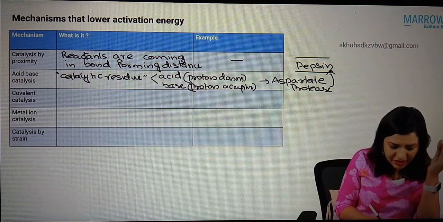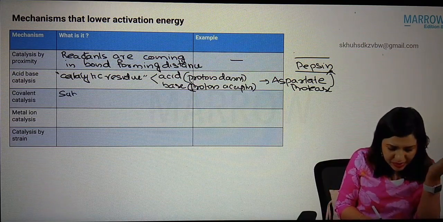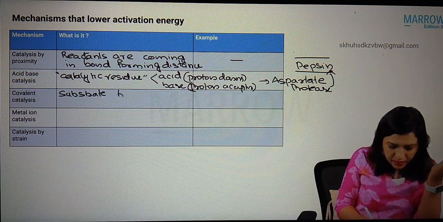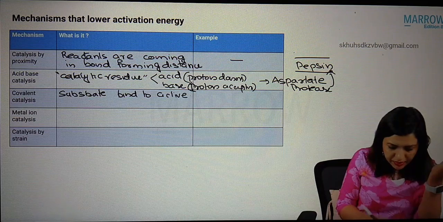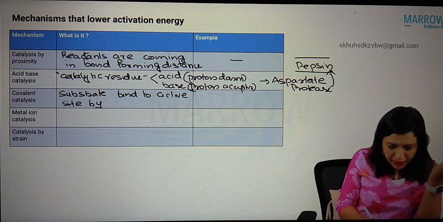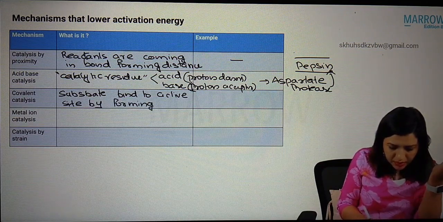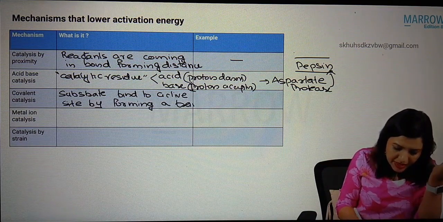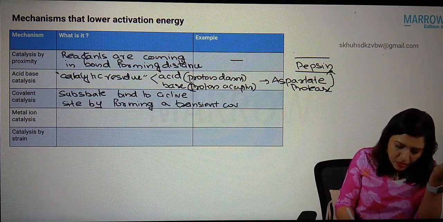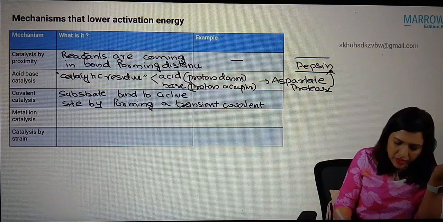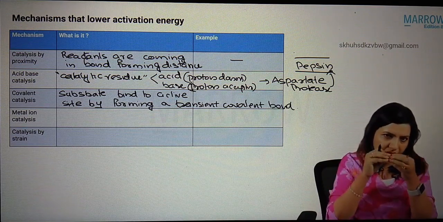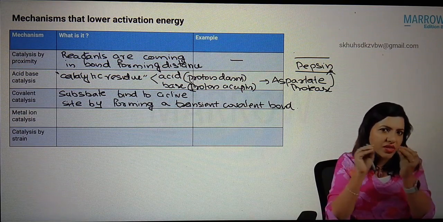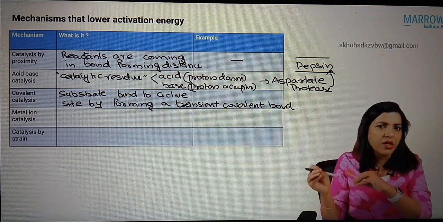That is, covalent catalysis says that the substrate binds to the active site by forming a transient covalent bond, which means that when the substrate binds to the active site, a transient covalent bond is created between the substrate and the enzyme.